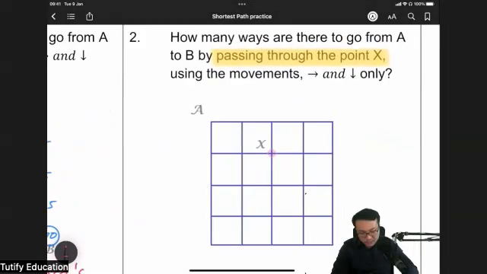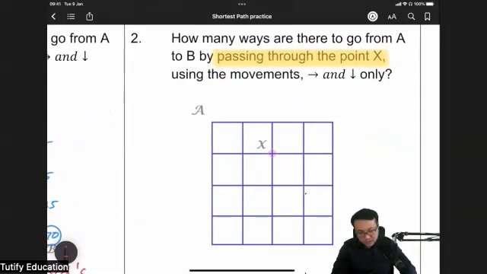You should use your logic and realize that if you are trying to go from A to B, then going backwards will be a waste of time. Or if you were to go upwards, it is also a waste of time. So let me ask you, if you would like to go through point X, will you ever travel past point X?